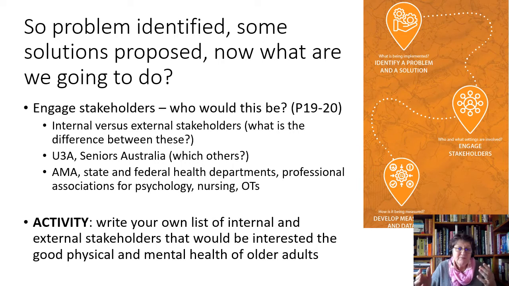So what might be the difference between internal and external stakeholders? So who are the groups of older people? University of the Third Age, really important. Seniors Australia, I don't know, retirement villages. Where do we find older people that we can interact with? What about the AMA, state and federal governments, professional associations for psychology, nursing, OT?